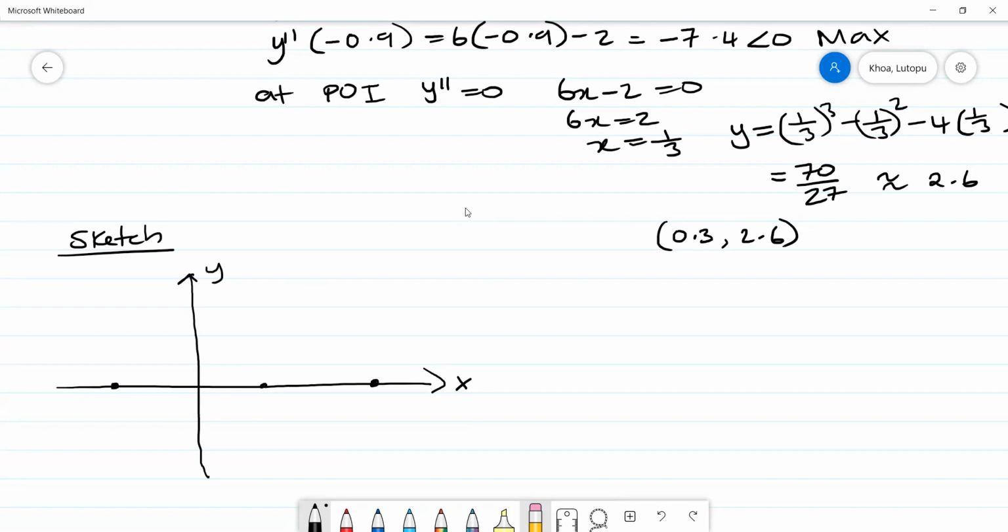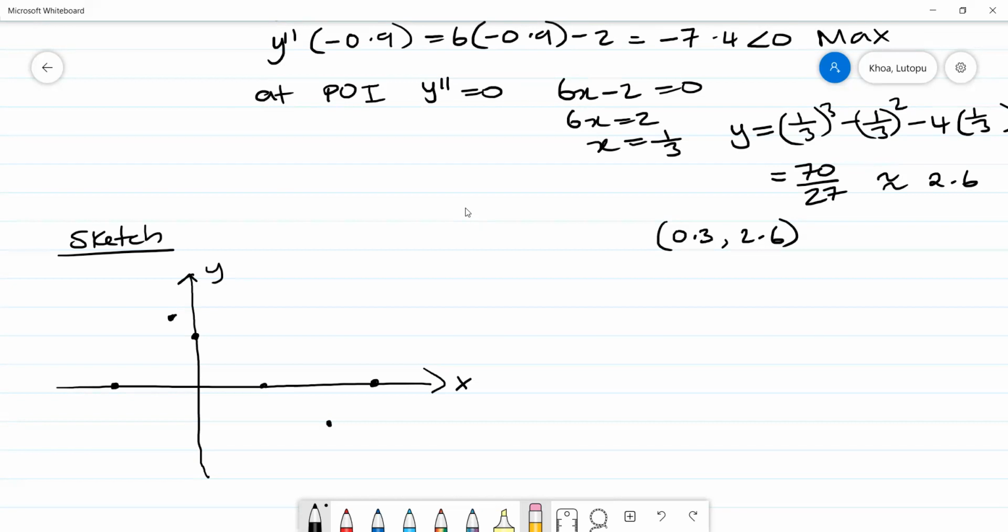Then I have a maximum turning point at negative 0.9, 6.1, so it's somewhere here. And then 0, 4 is an intercept. And we also have a minimum here. Okay, so you can see the graph is going to go something like that.